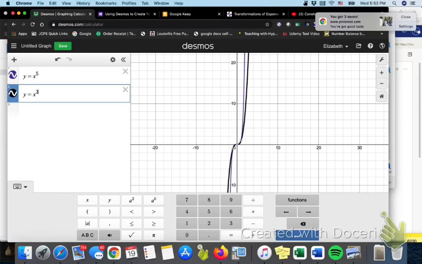So see, the black line is the x to the third. To scoot it over, we increased that exponent, and that's how we got it. It sounds counterintuitive, but to get the graph to shift to the left, which you would think would be smaller, you actually make the exponent bigger.